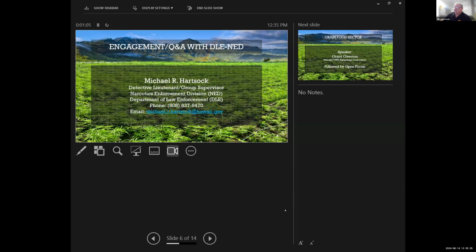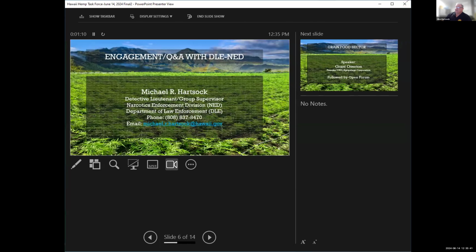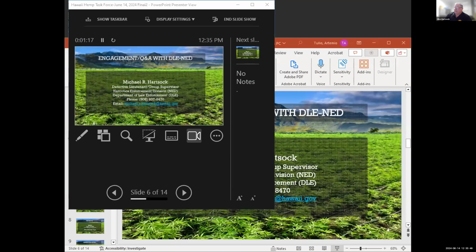But really, they have the same definition for marijuana, and it recently was amended so that it does exclude hemp products as long as certain requirements are met. That's hemp in the possession, custody, or control of somebody who has a permit from the U.S. Department of Agriculture, and hemp in the possession of a person authorized to process hemp by the state. Those are exempt from the marijuana definition.